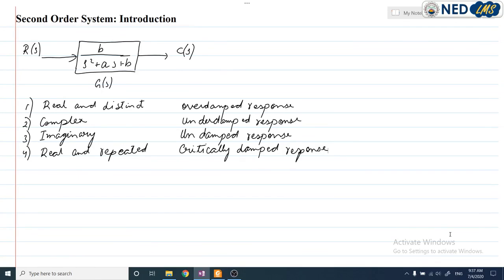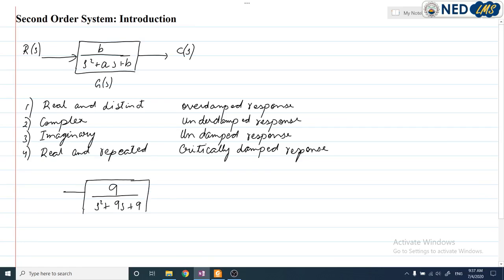So now first we consider the case of the overdamped system. For the overdamped system, the transfer function will be 9 upon s square plus 9s plus 9.